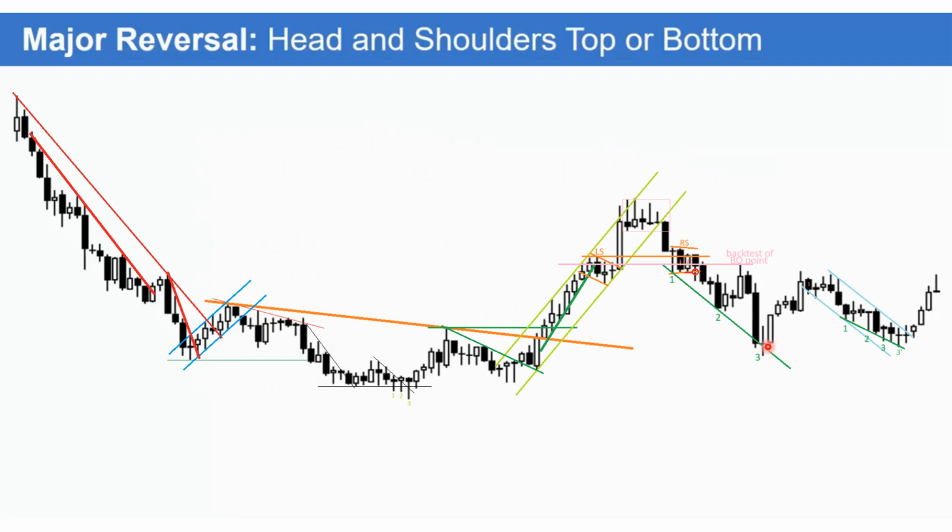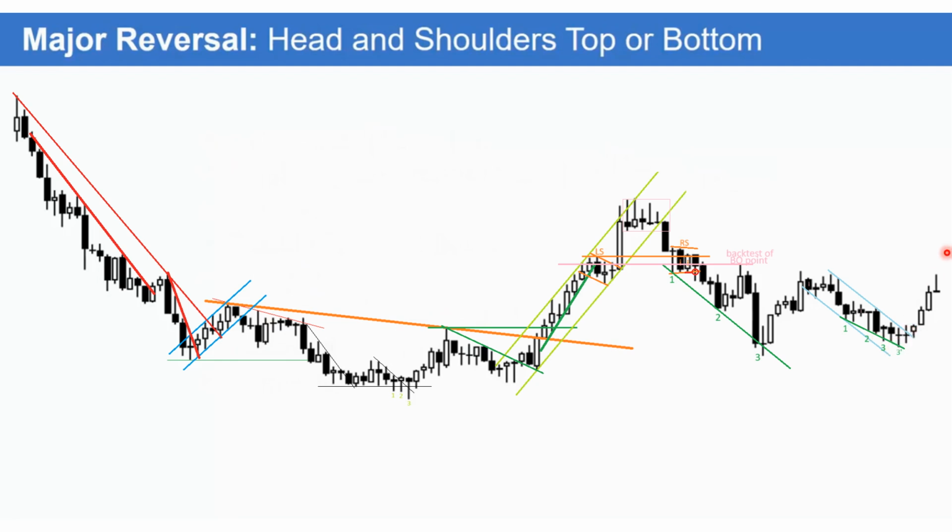Boom. Leg one, pullback, leg two, and it created the same pattern. It's a wedge bull flag. This one is even better than this one. This one is tightening. This one is expanding. If you are like me, you don't like volatility, you don't like expansion, you want tightening.